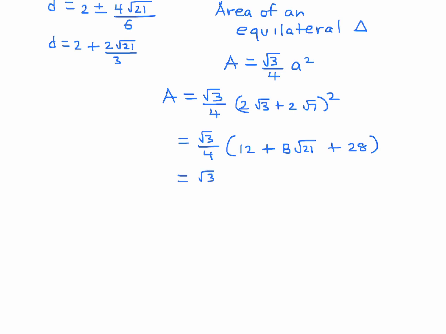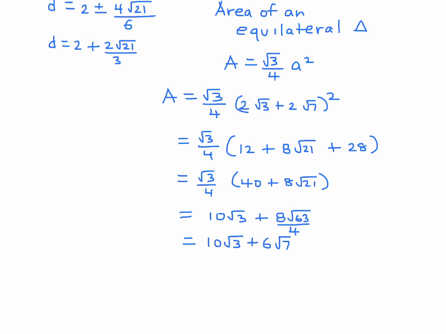So this is root 3 over 4 times (40 plus 8 root 21). So this is going to be 10 root 3. And then this will be 8 root 63. So it'll be 10 root 3. And 63, as before, was 3 times 7, so it'd be 3 times 8, which is 24 over 4, which is 6, so 6 root 7.